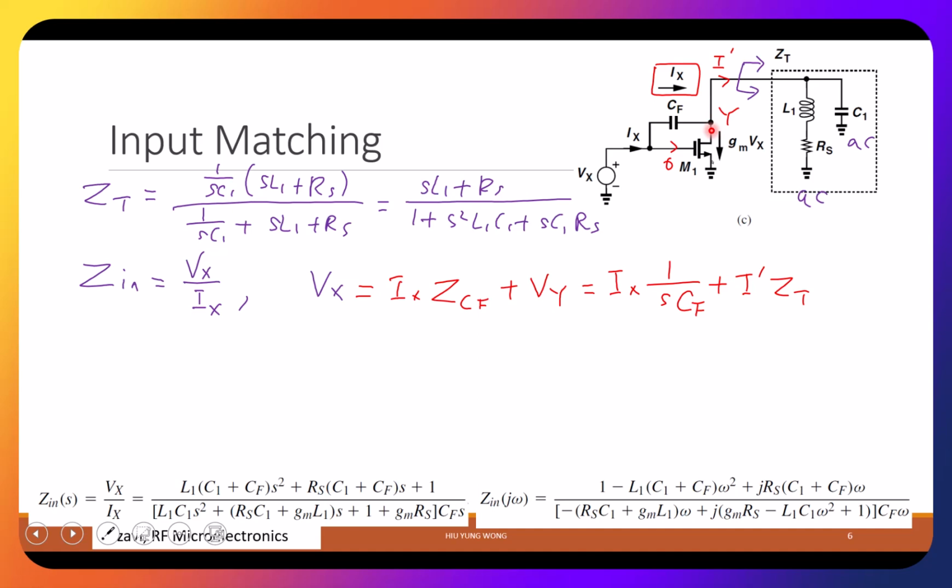Make sense? So with that, I can do more. What is I dash? Can you see what is I dash? I dash equals Ix. The Ix comes to here, but some of it goes down, some goes up. So it is Ix minus GMVx. That is I dash times CT.